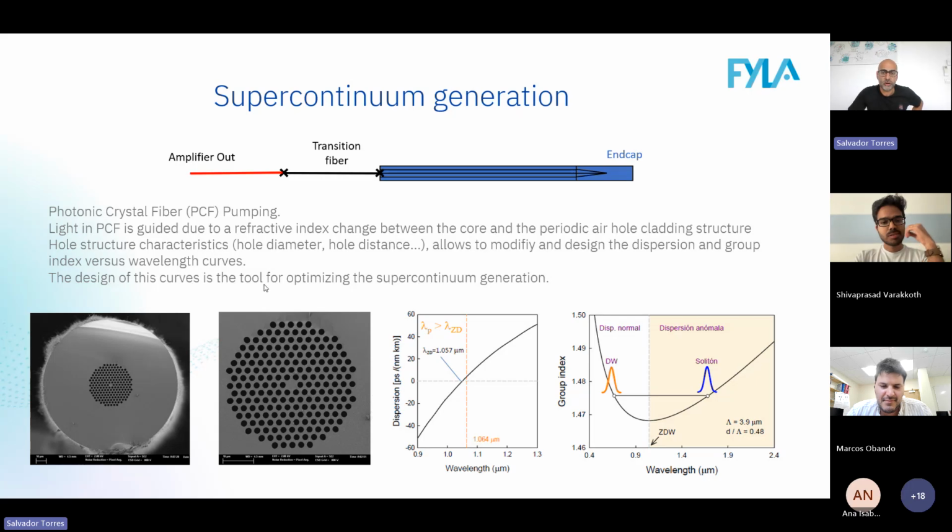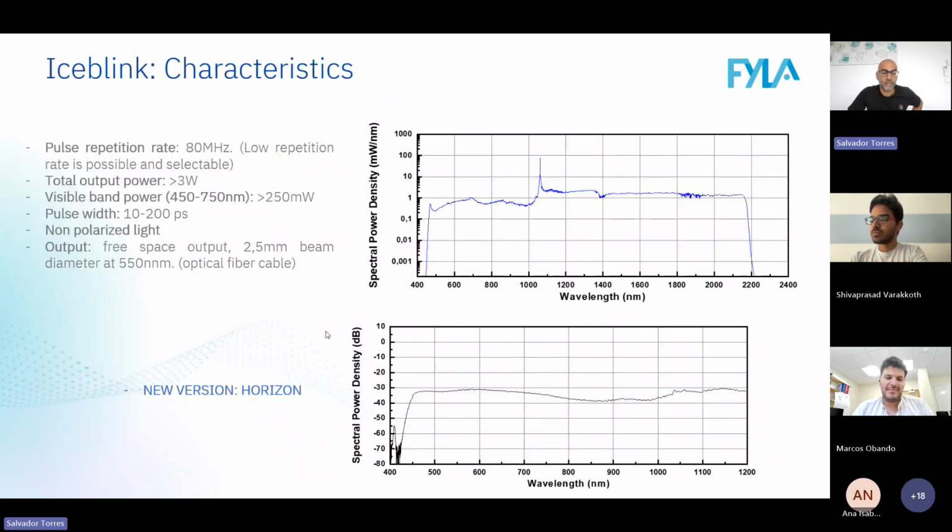Now, to show you an example and see the properties of the light generated, you can see in the next slide the particular case of a supercontinuum developed at Phila. At Phila, we developed one of these sources a few years ago, and currently we call it IceBlink. The result we obtain is as follows.